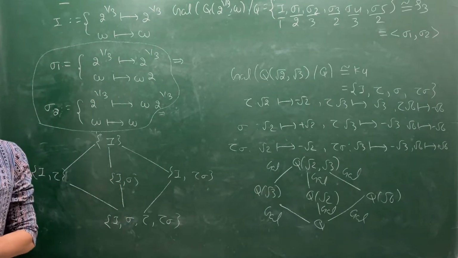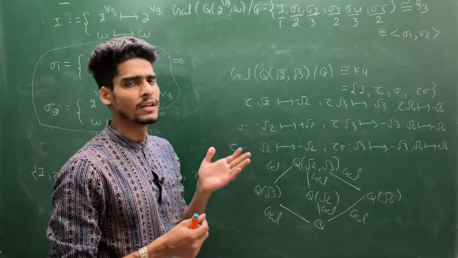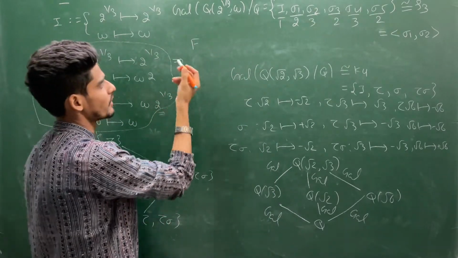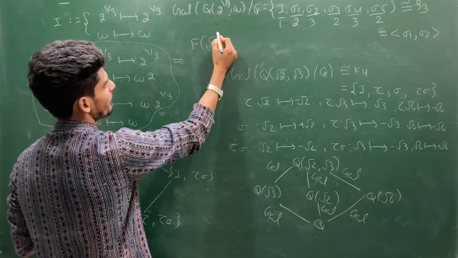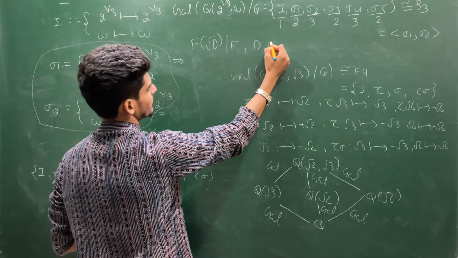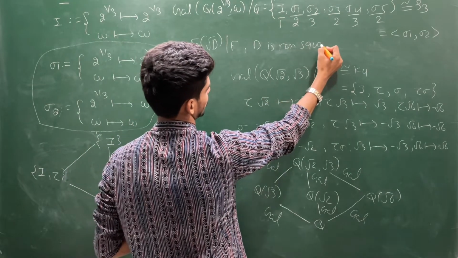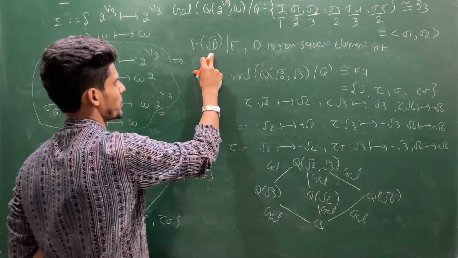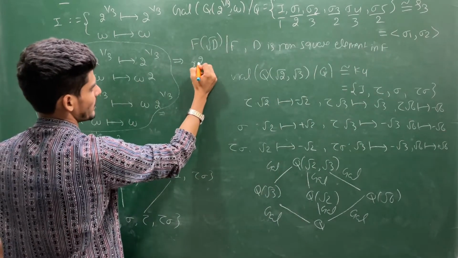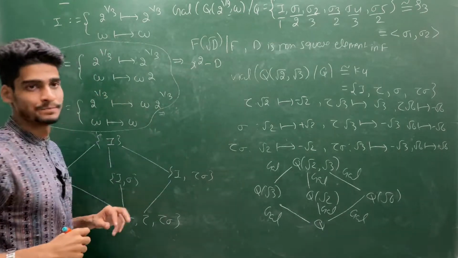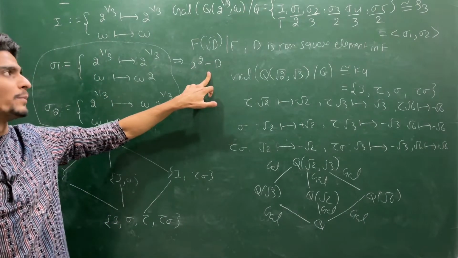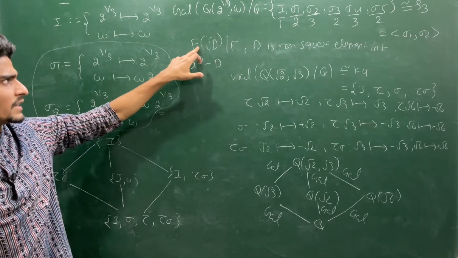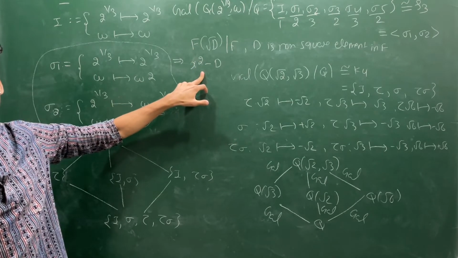If you look at any extension of degree 2, that means a quadratic extension, you know that if you have a field F, then every quadratic extension is of this format: F adjoin square root of D over F, where D is a non-square element in F. Then correspondingly you have the polynomial x squared minus D, and clearly this is a separable polynomial in F. Once your polynomial is separable, then this will be the splitting field for this polynomial.